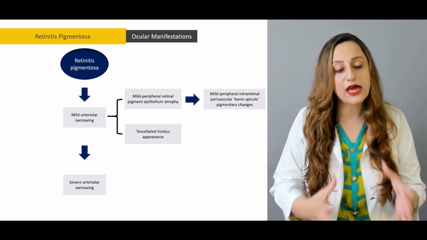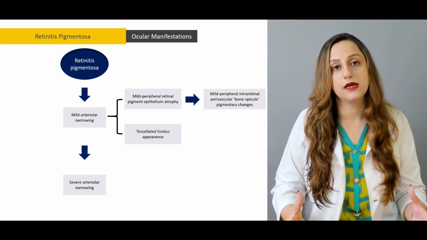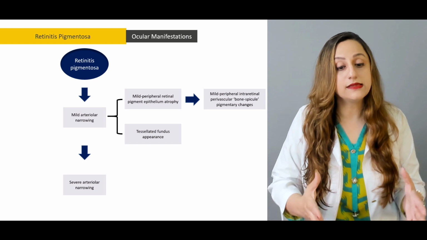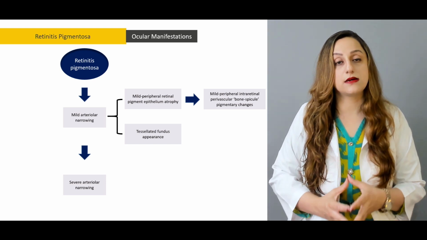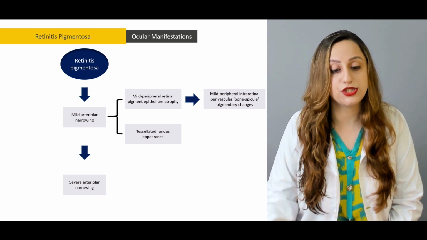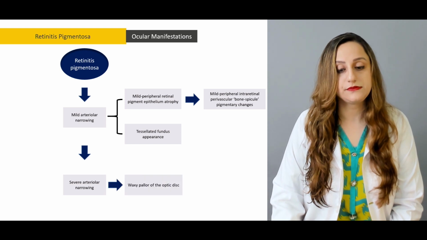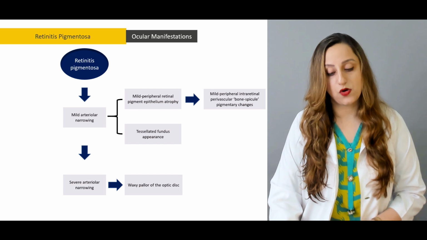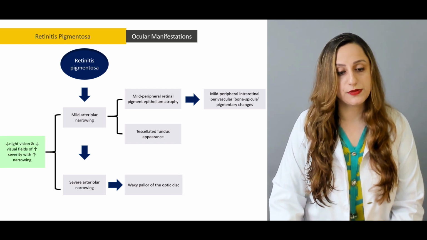So whenever there is a syndromic person with some other pathology as well, the person may be suffering from this severe kind of arteriolar narrowing. That is going to result in the waxy pallor of the optic disc of the individual.